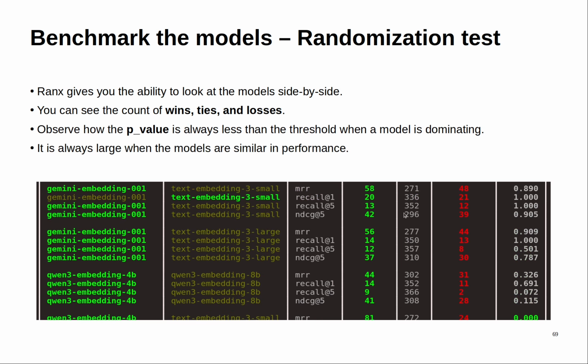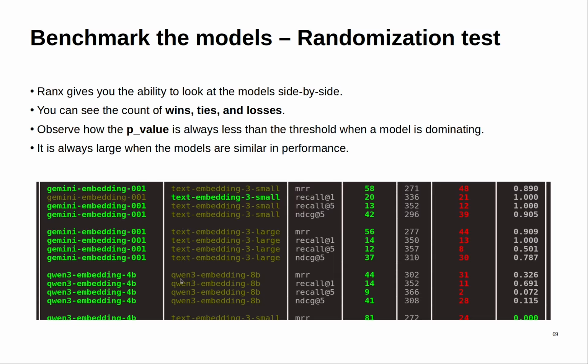But in other cases, you can see that here the p-value is very large. When you see this, it means that the models are similar in performance. Let's take the Qwen models, because I talked about them when I was explaining the values inside the cells. And I mentioned that the 4 billion and 8 billion versions are similar in performance.